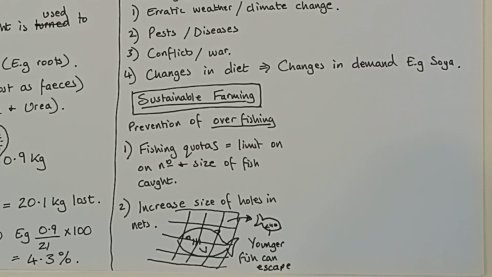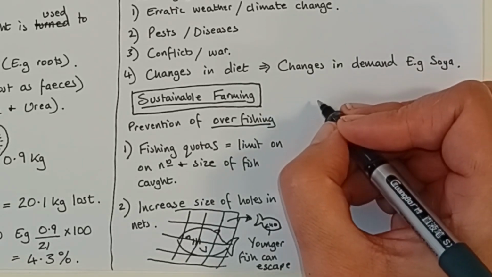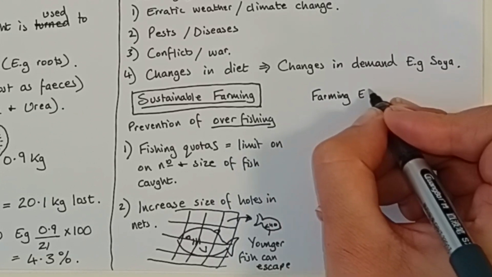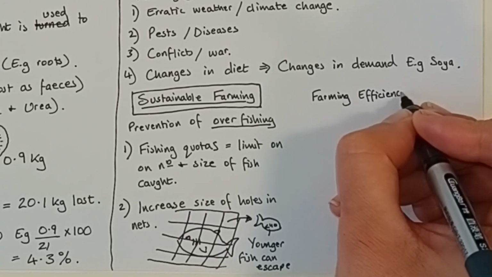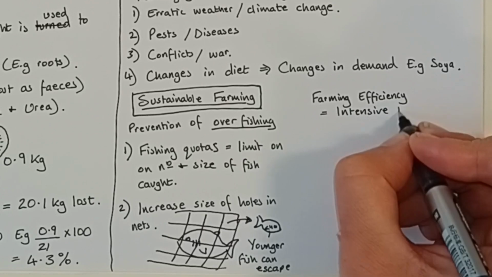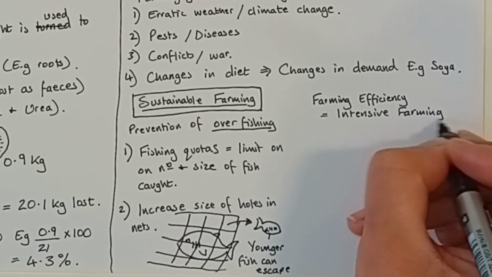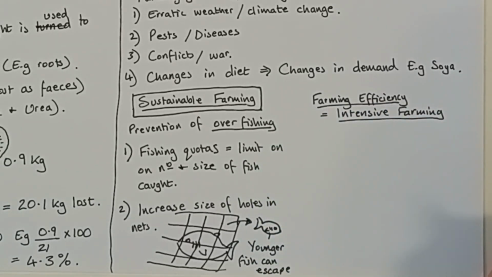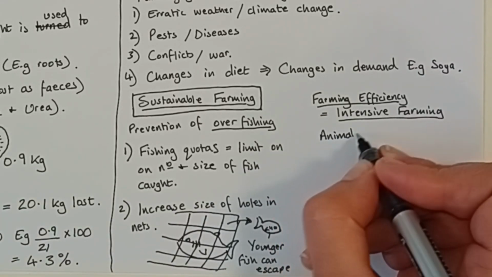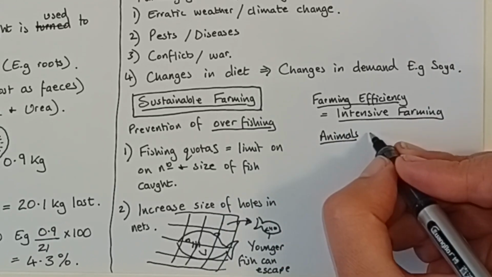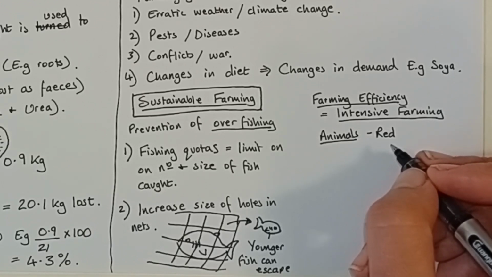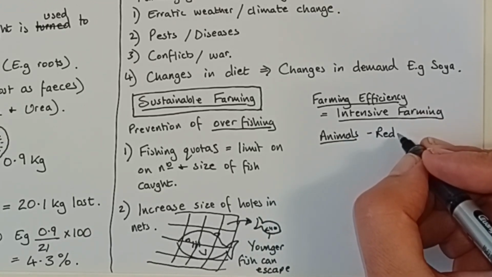We also have intensive farming to increase farming efficiency. So in terms of animals, unfortunately for them, that means we want to reduce energy loss to the environment. We want all the energy that they eat to be turned into meat and fat and produce we can use.